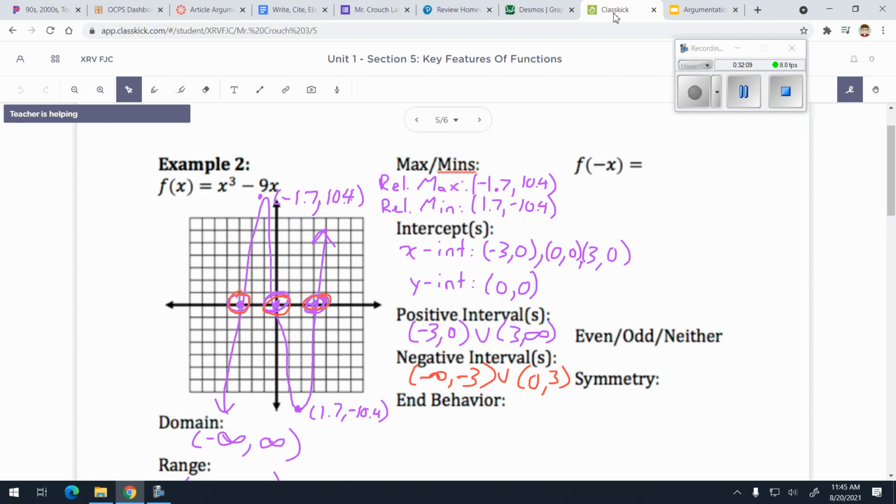We're going to replace our x with negative x in our function. So it's going to be negative x to the third minus 9 times negative x. So you're going to have negative x to the third plus 9x. So all of our signs are opposite, which means this is odd. Our symmetry is over the origin.